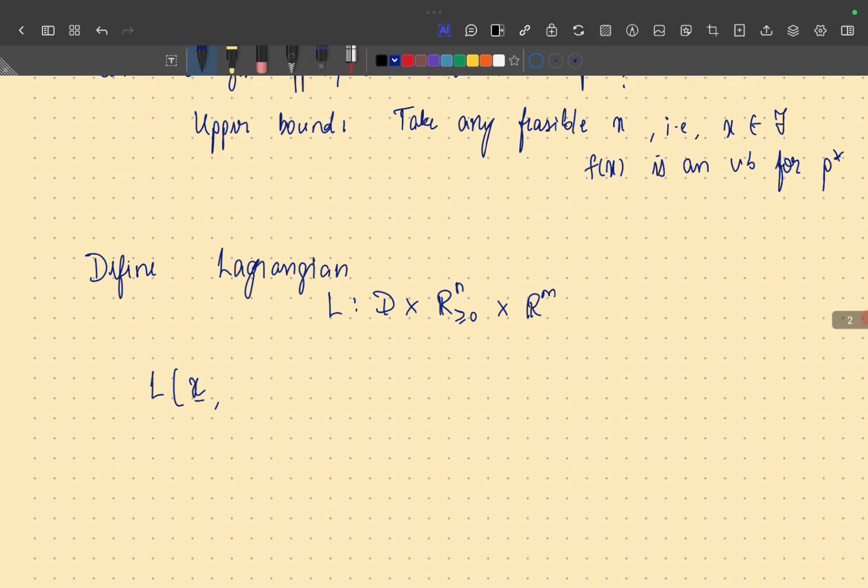So the Lagrangian is a function of x, one set of variables lambda, and another set nu. I have one variable for each inequality constraint and one variable for each equality constraint.